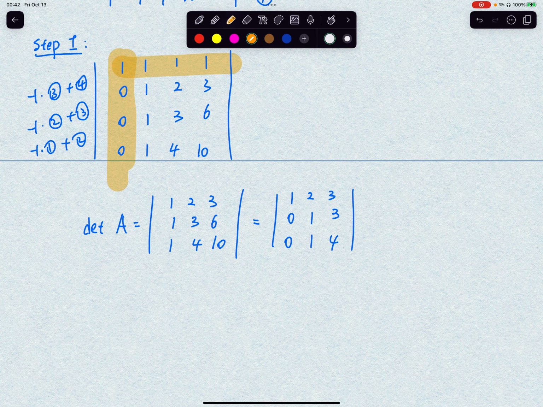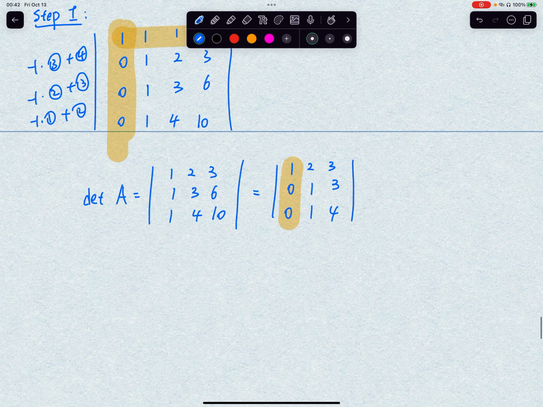So if we choose the first row, first column to do the cofactor expansion, we have 1 times (-1)^(1+1) times the determinant of 1, 3, 1, 4. And this is just 1, and this becomes 4 minus 3, which is 1.